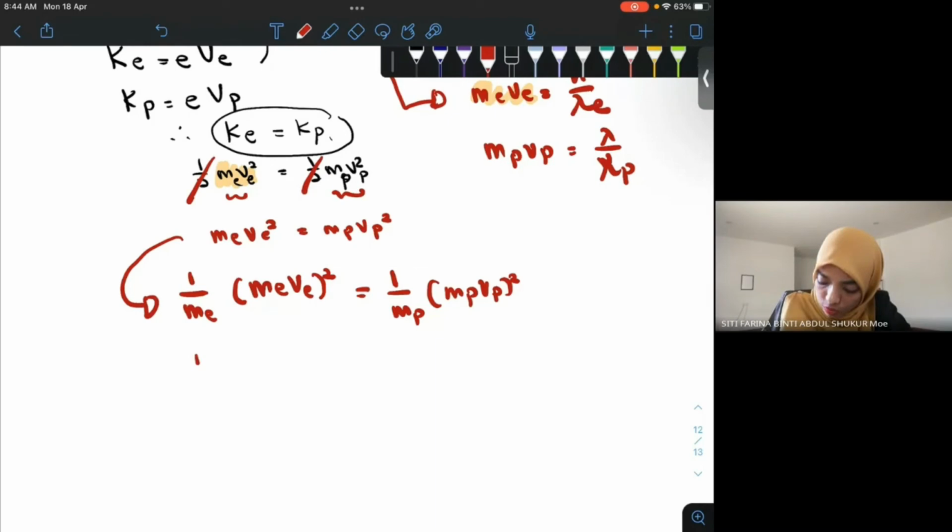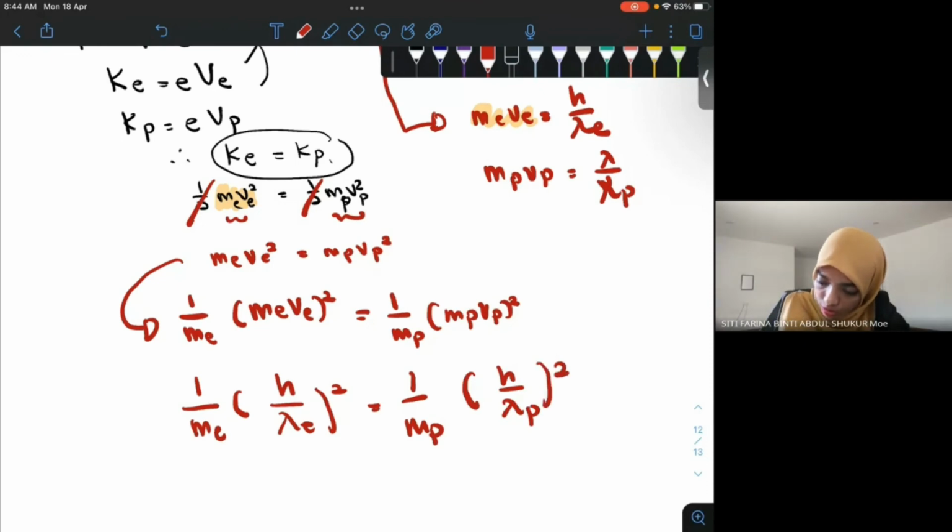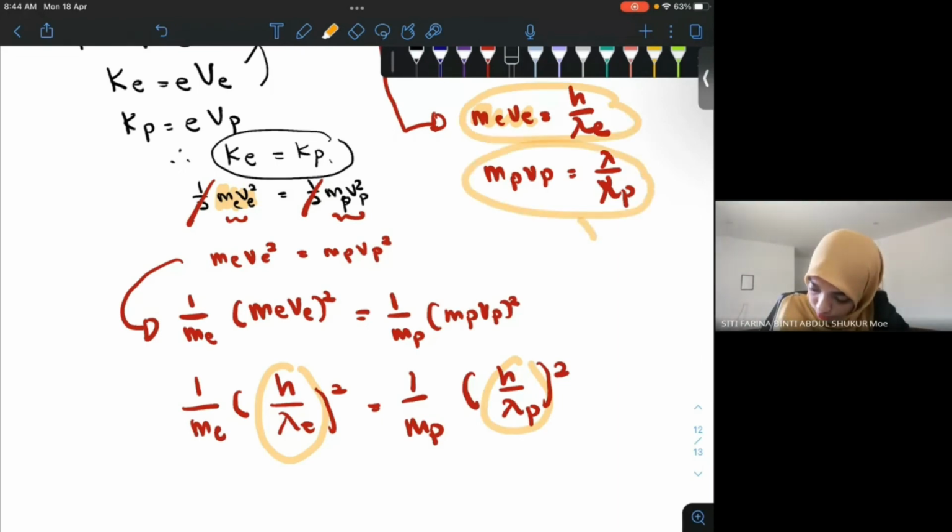Okay, so 1 over ME akan sama dengan MEVE adalah H over lambda E square. 1 over MPVP adalah H over lambda P kita square. So this one datang daripada sini.